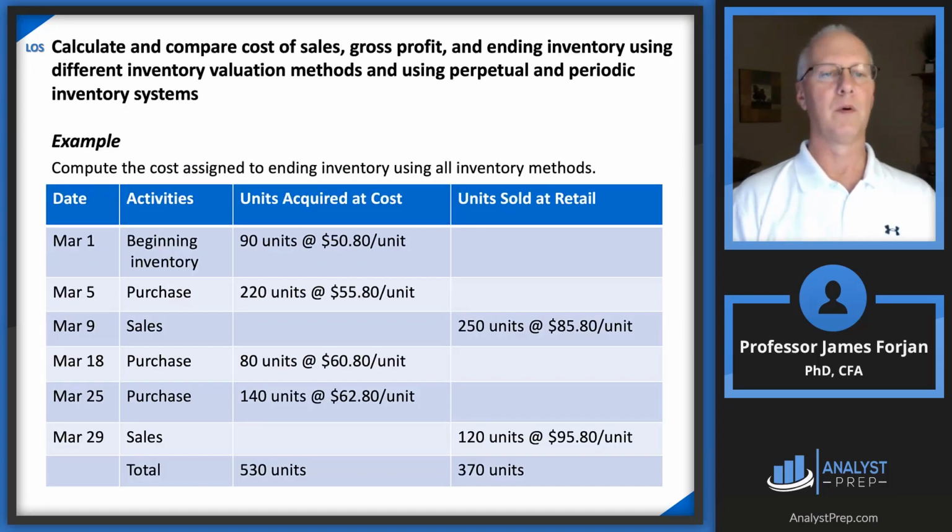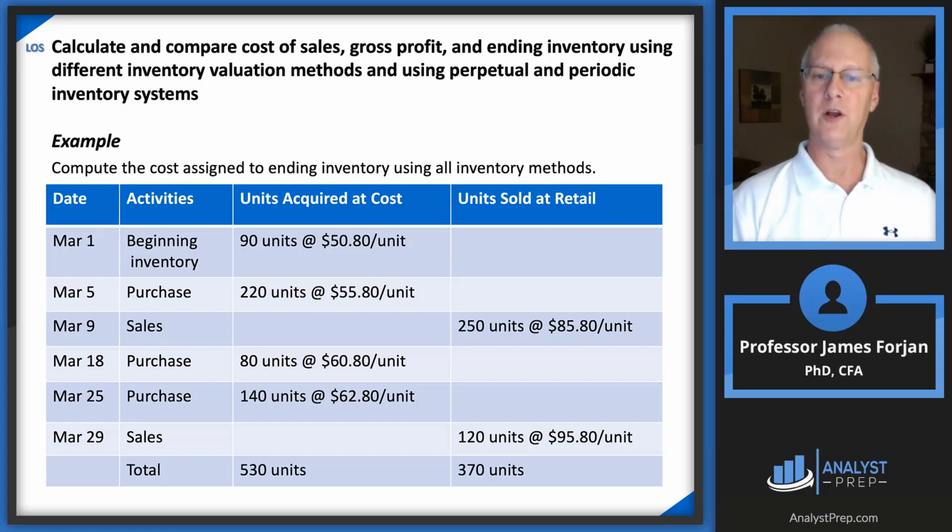And here's the example. I'll give you a second just to look at this. We're going from March 1st to March 29th. We start with some beginning inventory at a specific cost, and then we add to the inventory throughout the month at different costs.